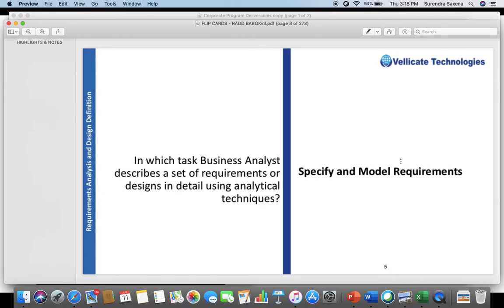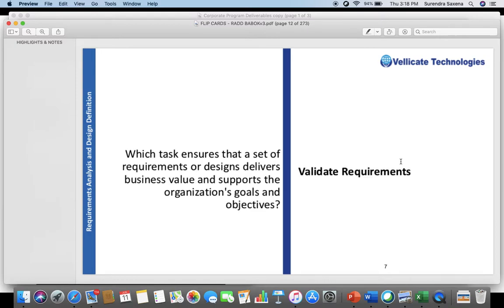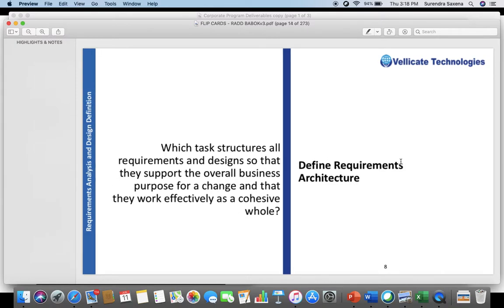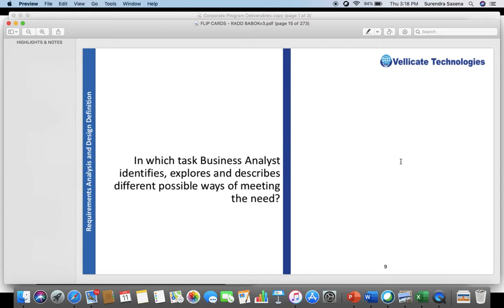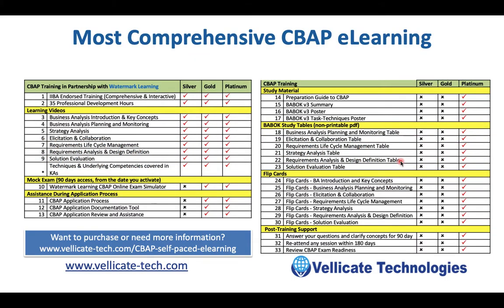There are over 1200 questions, and this is a pretty easy way of learning. You can read the question and think about what could be the answer. If you know it, you can confirm that this is the answer. If you don't know, this is an area of learning and you learn this way. So this is another good tool that you will receive for each of the knowledge areas.